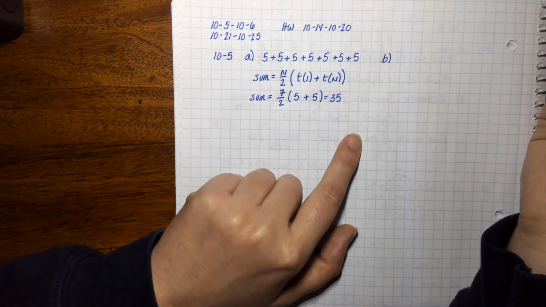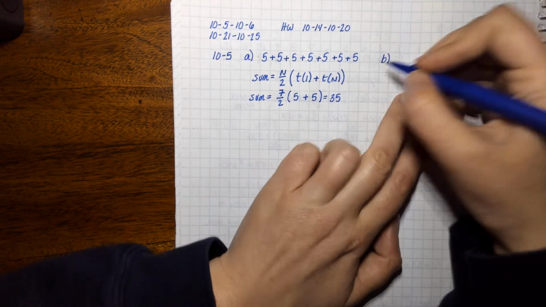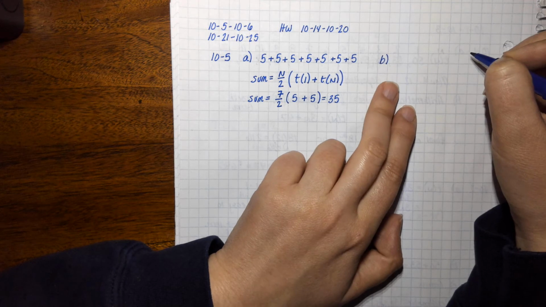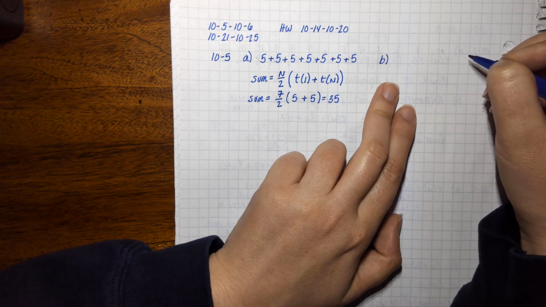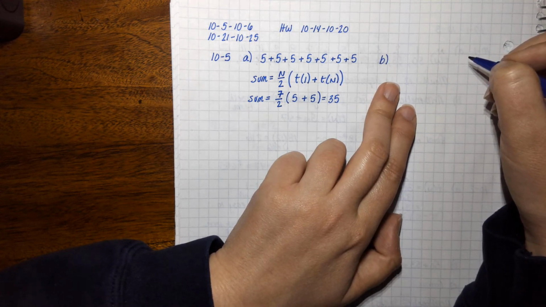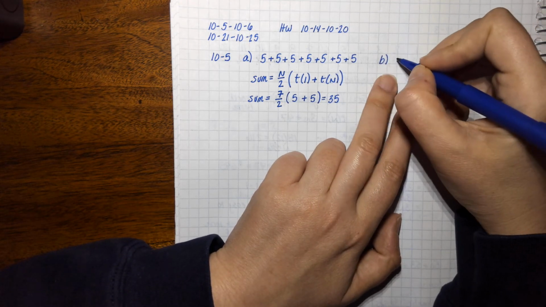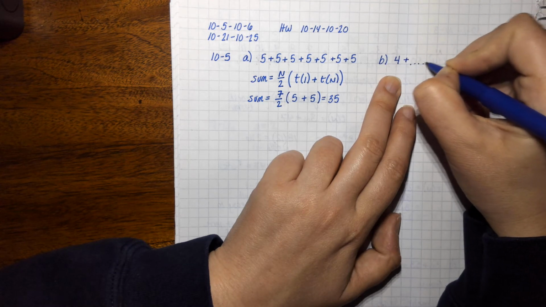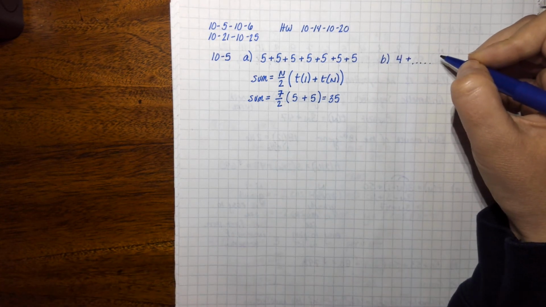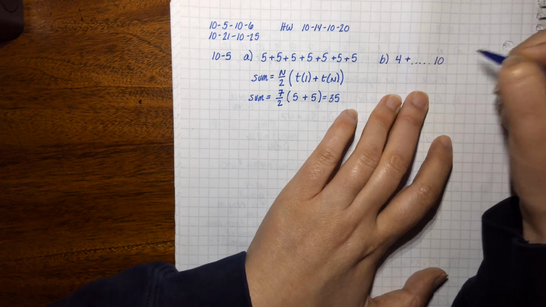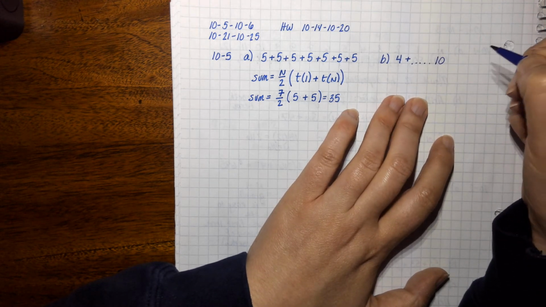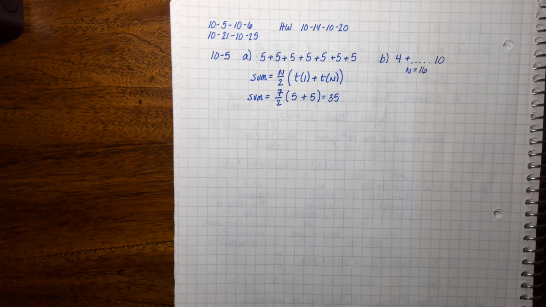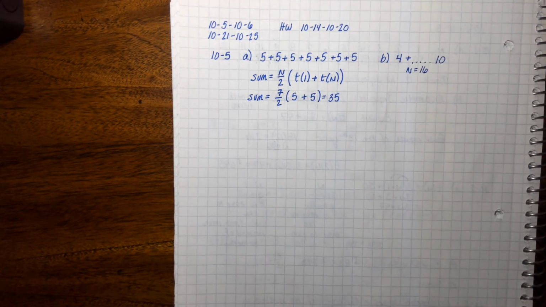Okay, B. We are going to use the same formula, but we're not going to write it all out. I can't even tell, honestly, how high these bars are, if they're quarters or thirds, or I don't know. Anyway, I can tell that the first one is 4, and then I can tell that the last one is 10, and I can tell that there are 16 bars by the x-axis.